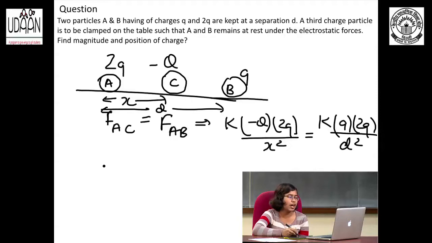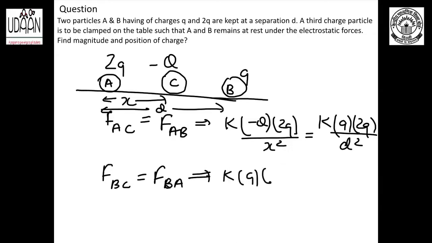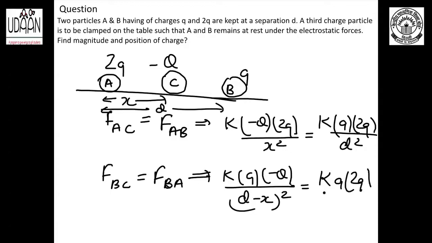The second condition we have is that the force on B due to C should be equal to the force on B due to A. Since B is also at rest, K Q into (−Q), with the distance between B and C being d minus x, should be equal to the force on B due to A, that is K Q 2Q upon d square. So we have two equations and two unknowns, the charge Q and the value x, which we can find out by using these two equations.